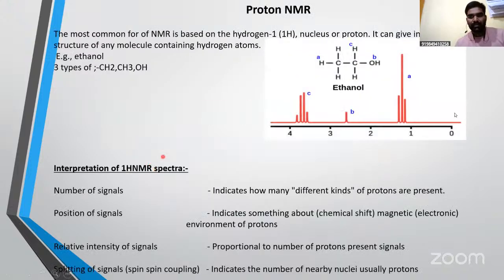Interpretation of NMR. You can see the interpretation of the 1H NMR, hydrogen-1 nuclear magnetic resonance spectra. Number of signals indicates how many different kinds of protons are present.